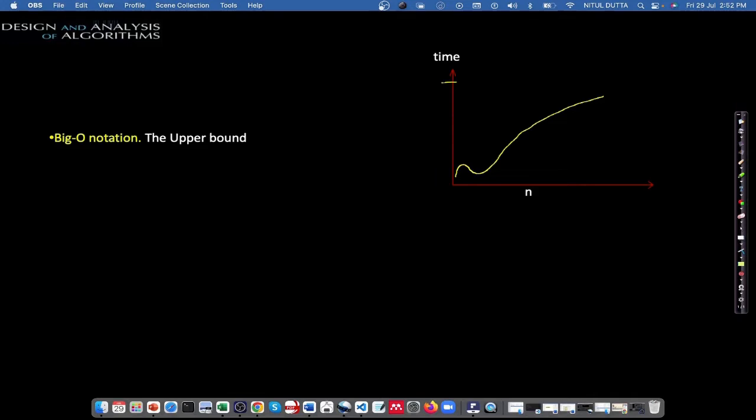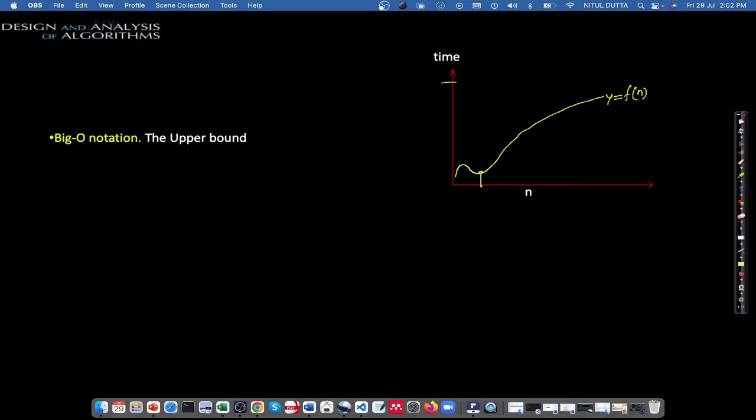Now, with respect to the function y equals f of n of this graph, if I want to find another graph g, normally we do not care about the points up to here.